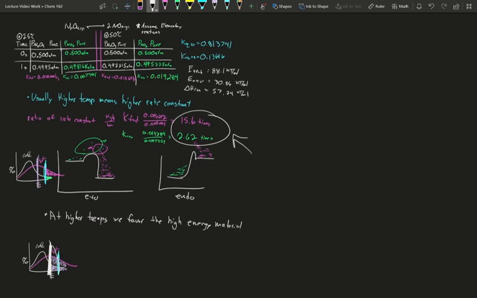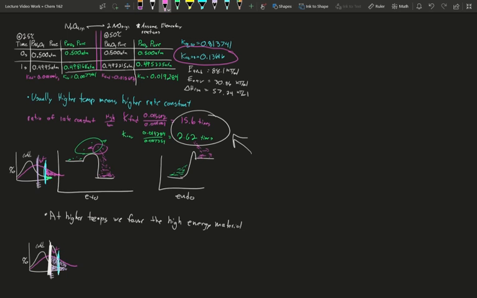The way this plays out is that at higher temperatures, it'll be easier to move to the higher energy material. At lower temperatures, it'll be easier to move to the lower energy material. And that is what we see in our equilibrium constants.